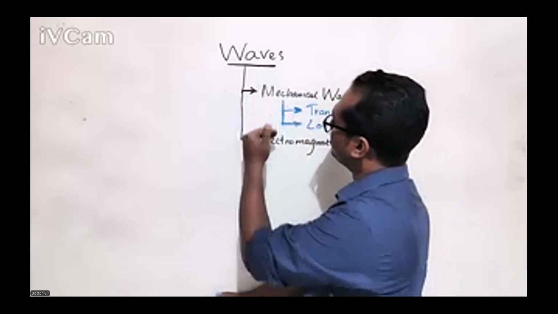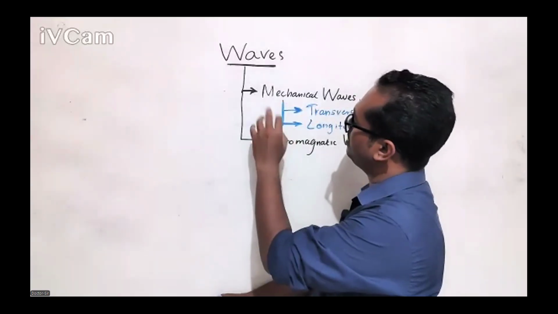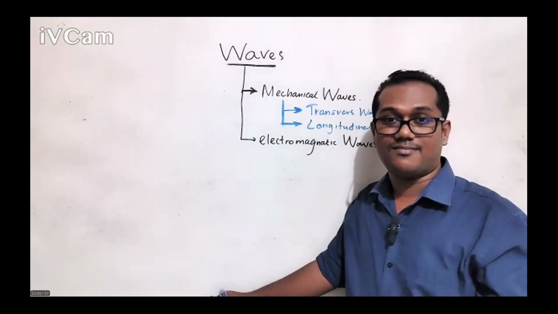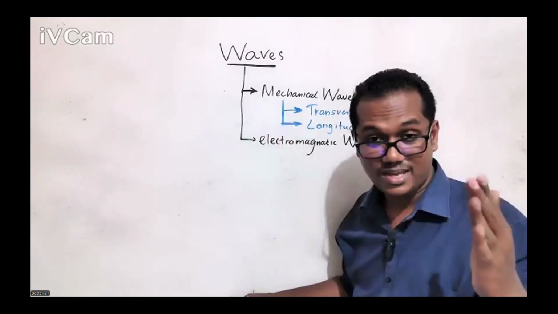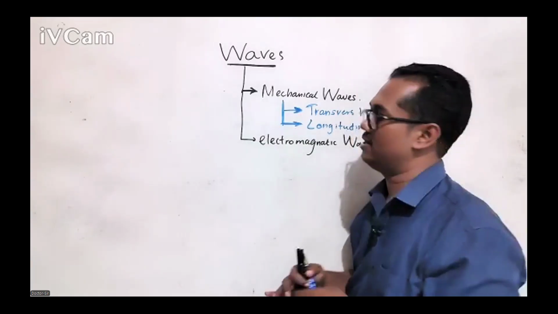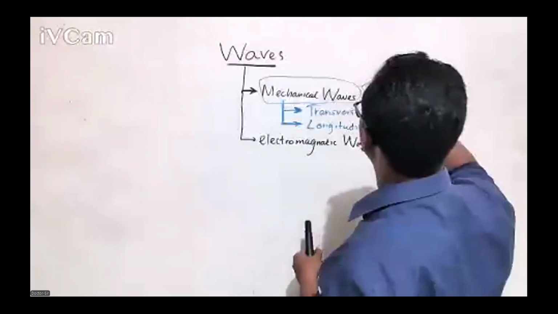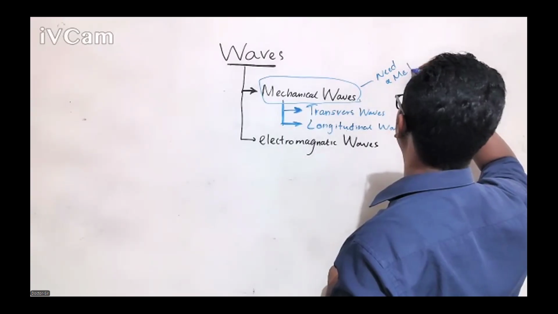What is the factor this classification depends on? It is the one important factor we consider here. Yes, it requires a medium for propagation. So a mechanical wave needs a medium.